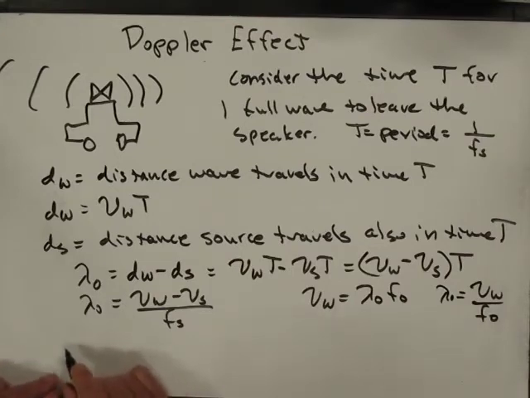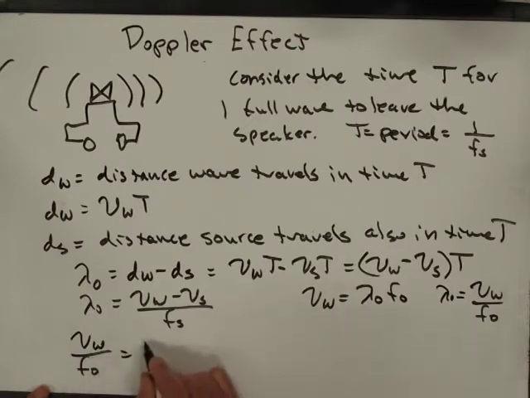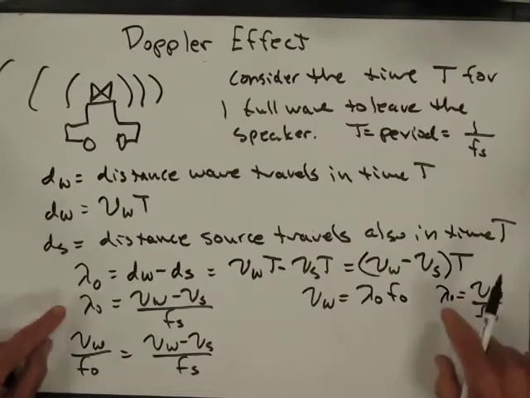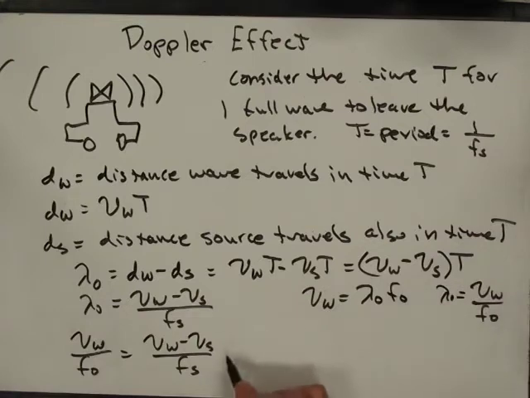And so now we can write this way. We can say the velocity of the wave over the frequency observed is equal to the velocity of the wave minus the velocity of the source over the frequency of the source. I just used this equation to replace this guy with this guy, right? And now I'm just going to rearrange this.